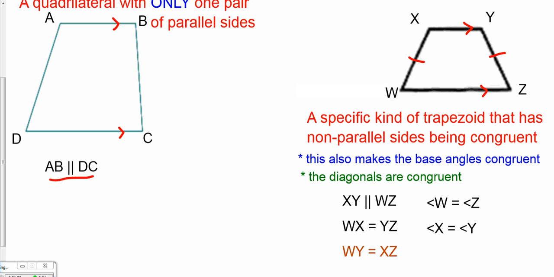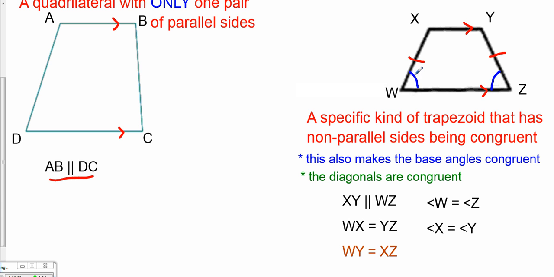Now, a piece of information with that: if these are going to be the same length as each other, and they're in between these two parallel sides, that means this angle is the same as this angle. The fact that it's an isosceles trapezoid makes the base angles congruent.